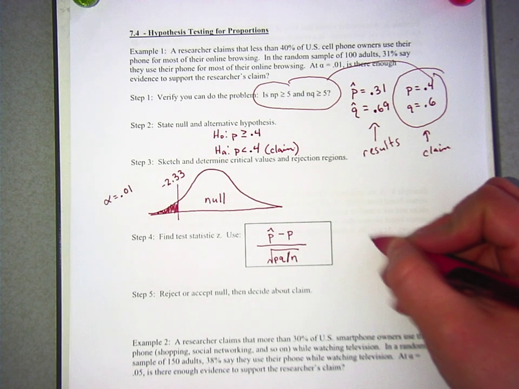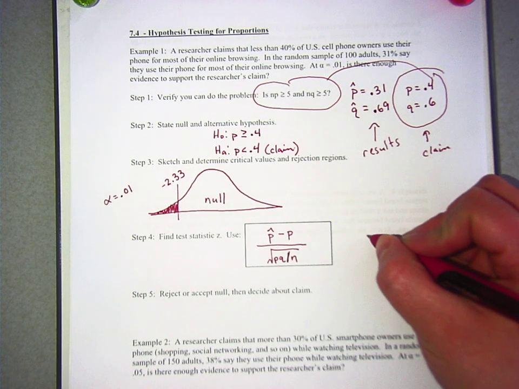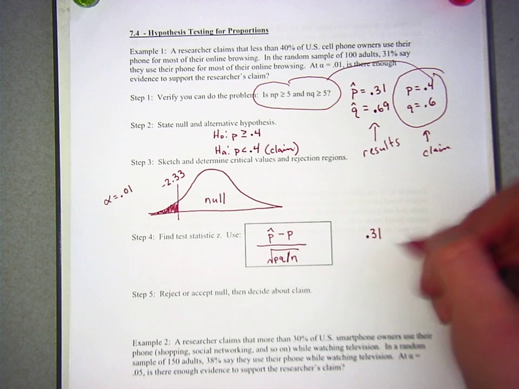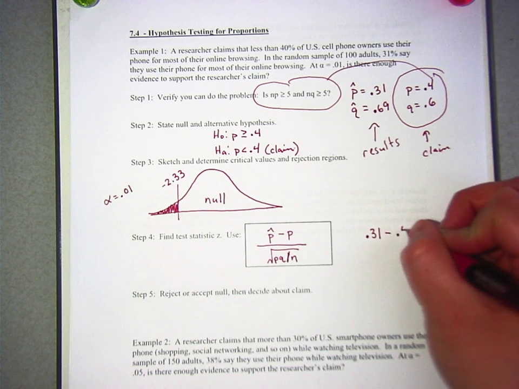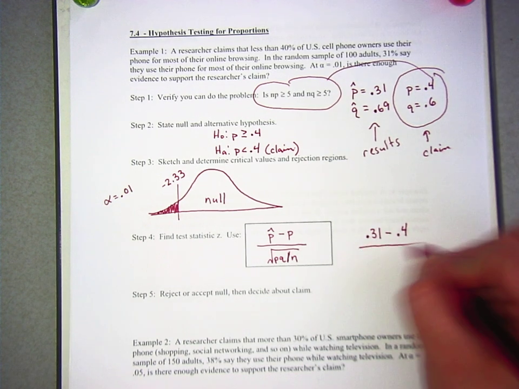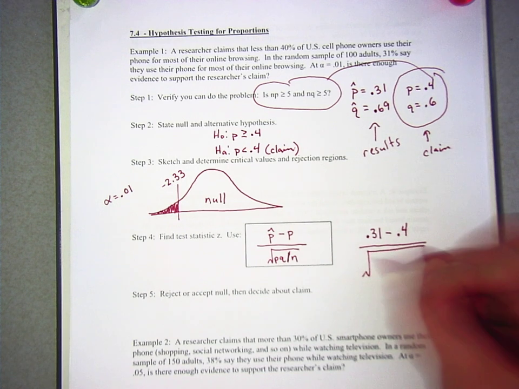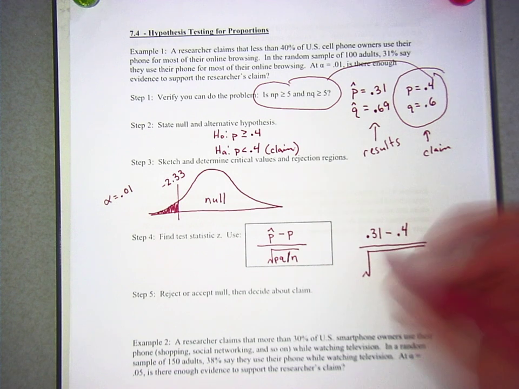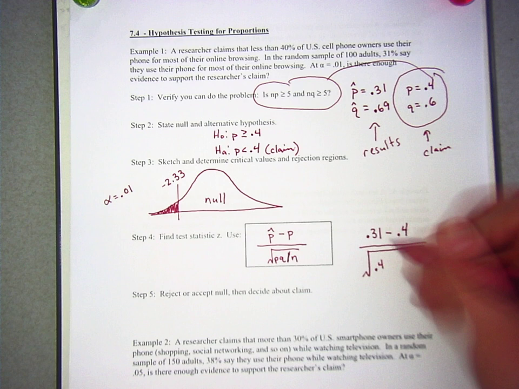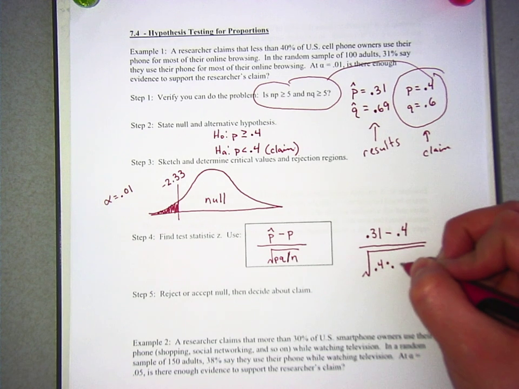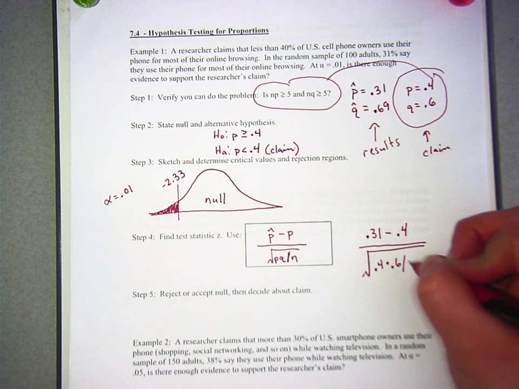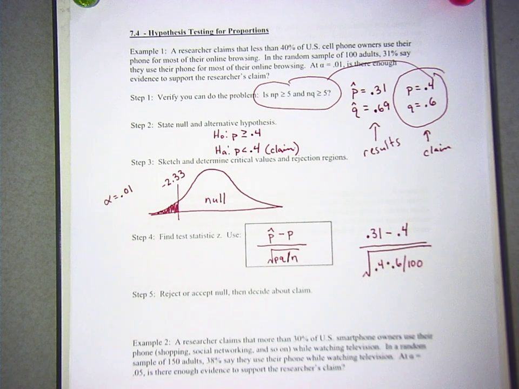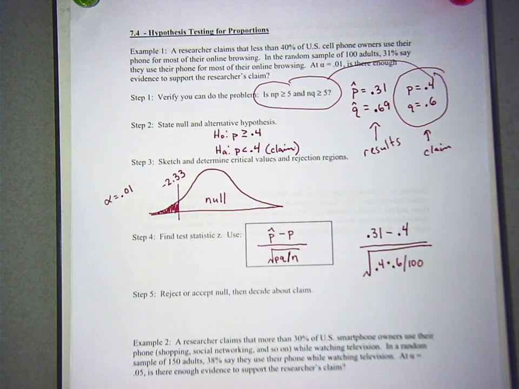What's p hat in this case? 0.31, and it's definitely less than 40%, but is it low enough? Divided by the square root. For PQ, what should I write? 0.4 times 0.6. It's not the 0.31 and 0.69, it's 0.4 and 0.6 divided by n, what was that, 100? Put that in your calculator, make sure there's parentheses across the top.